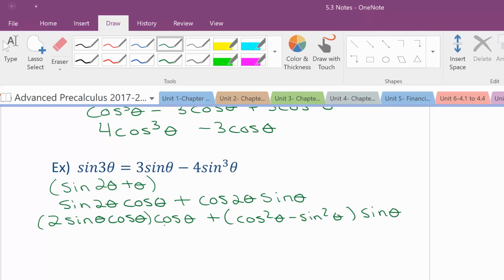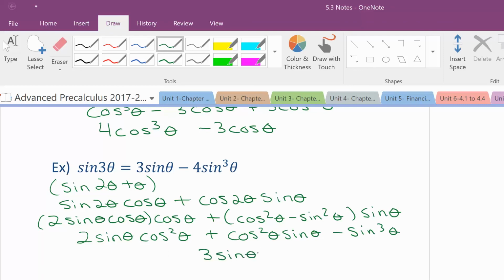Then when you distribute, here you just multiply, so you get 2 sine theta cosine squared plus, here you distribute and get cosine squared theta sine minus sine to the third. Combine the sine and cosine squared, so you get 3 sine theta cosine squared minus sine to the third.